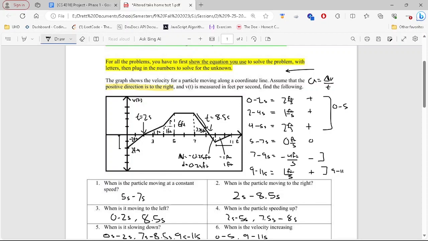So the sum of the total change in velocity is going to be 2 plus 1 plus 2, so that's 5, plus 0, that's still 5, minus 4, that's 1, plus 1, that's 2. So 2 feet per second is the total change in velocity.